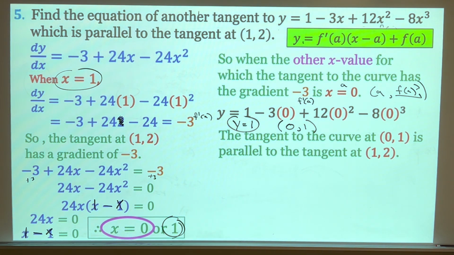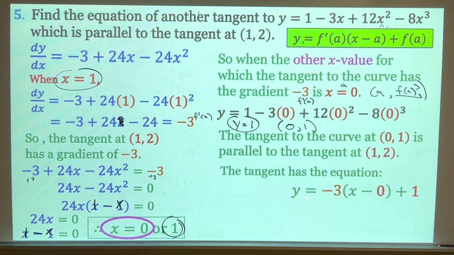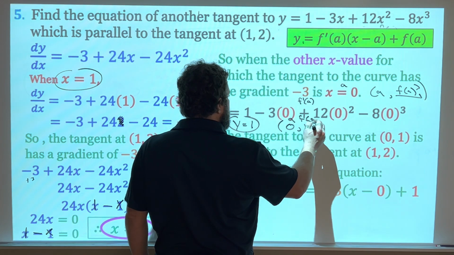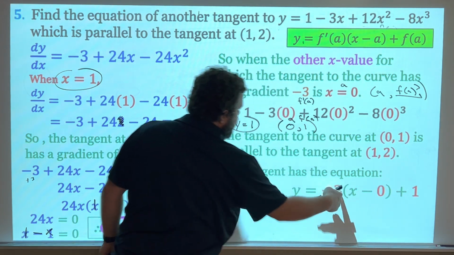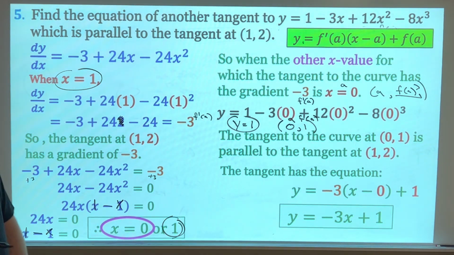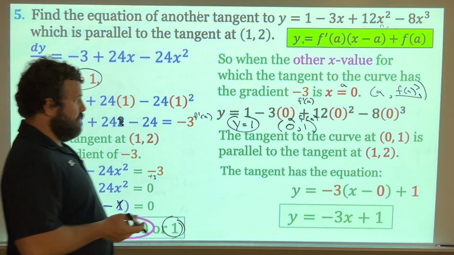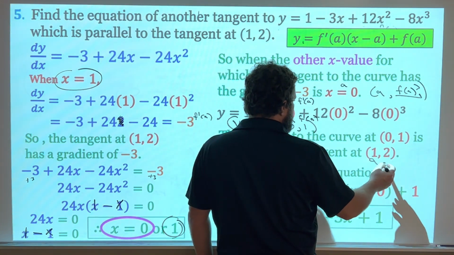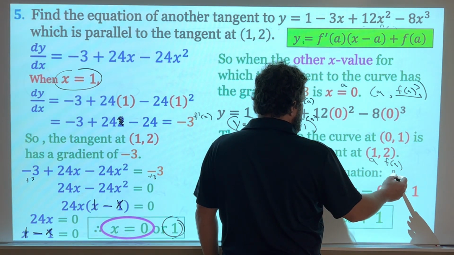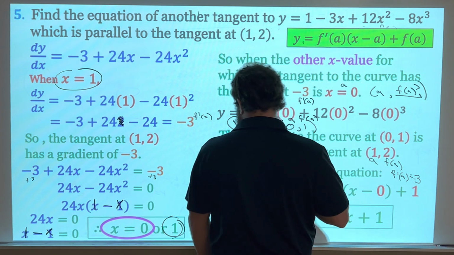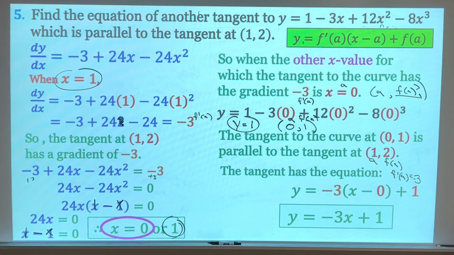If I want to continue on with this, I could type in my negative 3, which is my f prime a, times x minus a, plus 1, negative 3 times x plus 1. And that's the actual curve. Because this is my a, this is my f of a, and my f prime a from previous parts of the problem is negative 3. That's probably the most difficult problem here.